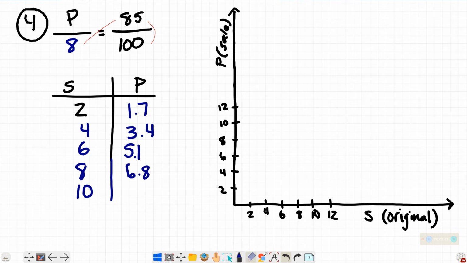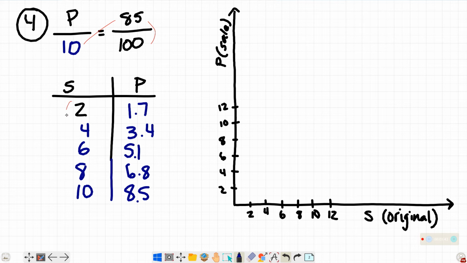And lastly, we're going to swap the S out with a 10. So 10 times 85 and divide that by 100 gives you 8.5. There we go. So then we're going to set those up as if they were points.